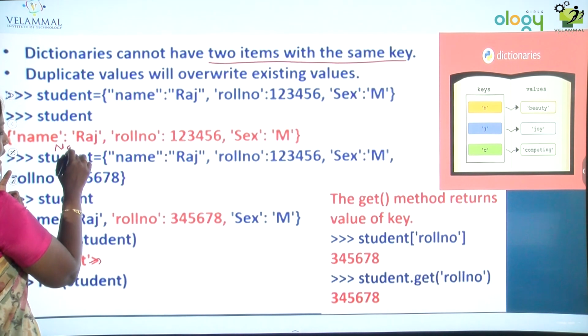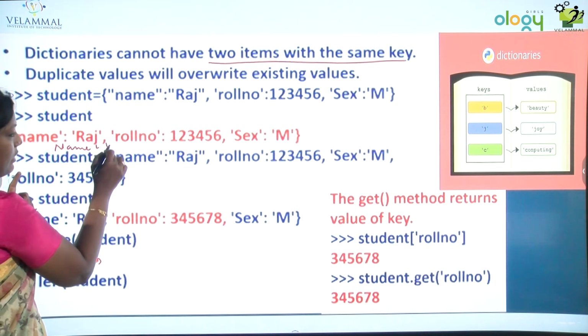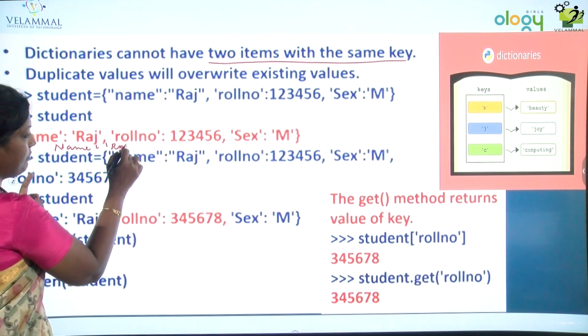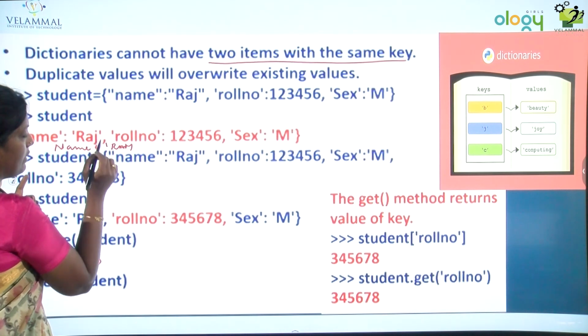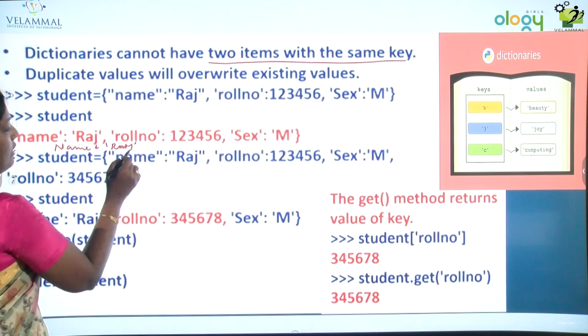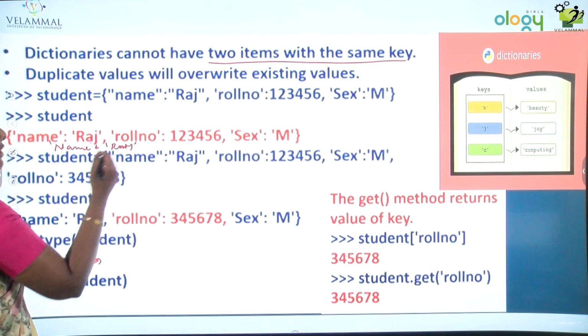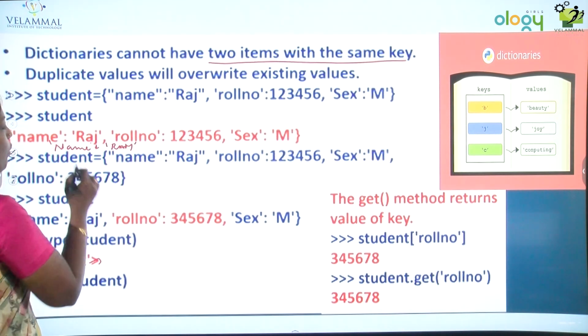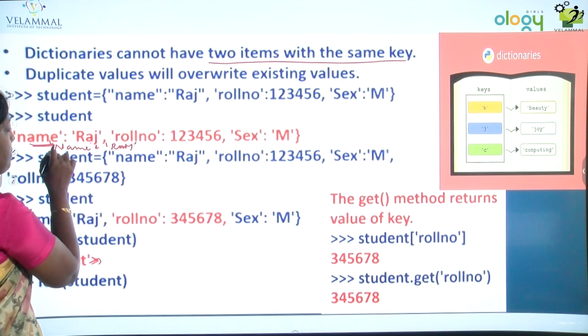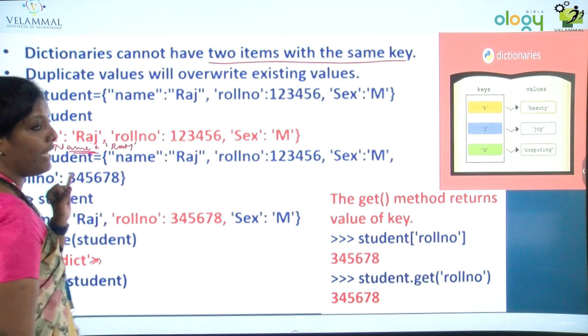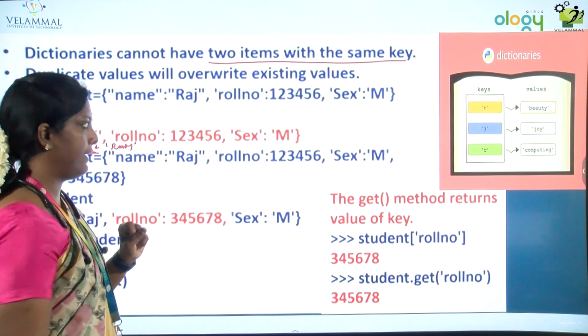If I'm doing name is Ram, so this is the colon and this is Ram as a string. If I'm printing and saying what will be displayed, Raj will not be displayed. The second name, Ram, will be displayed.